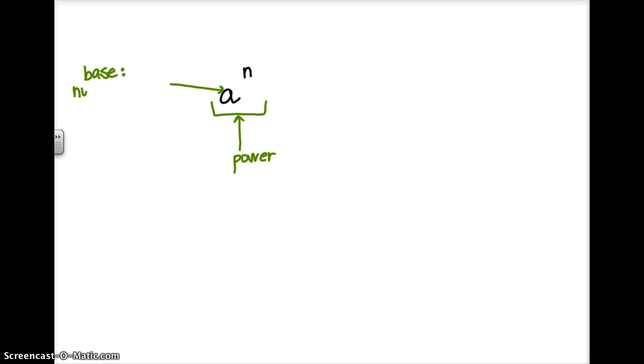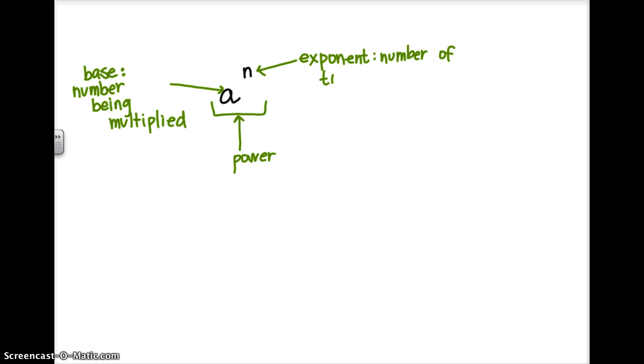That is the number that we are multiplying, the number being multiplied. n is the exponent. That tells us the number of times that the base is multiplied.